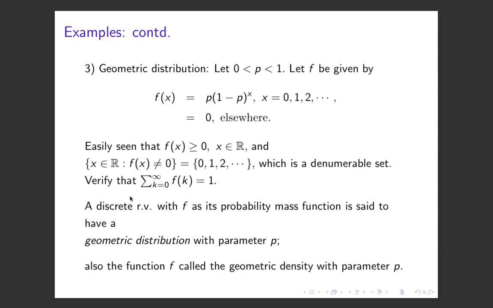You can also verify easily that the summation k going from 0 to infinity of f(k) is equal to 1, using the geometric series. So a discrete random variable X with this little f as its probability mass function, we say it has a geometric distribution with parameter p.